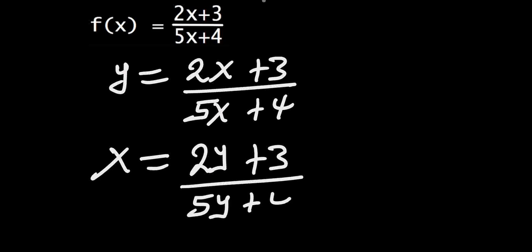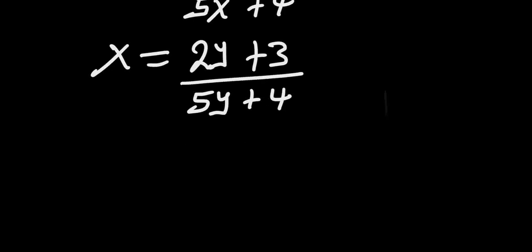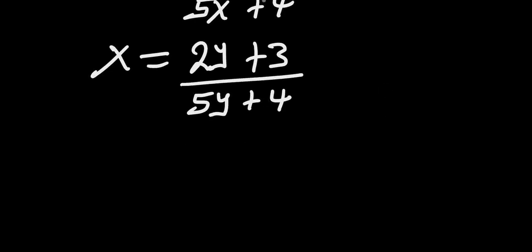Now, we are going to multiply both sides by the denominator, which is 5y plus 4. Multiply both sides by that, because we are trying to write this equation in terms of y, or make y the subject of the formula. So multiply both sides by 5y plus 4.